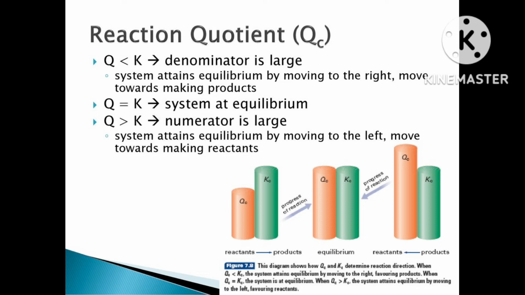The Kc value they have given, 2 into 10 to the power minus 3, is very less in comparison to 1. It means the reaction will be towards the left, means reactant side, the inverse reaction. As Kc value is far less than Q, the reaction will proceed in the reverse direction.